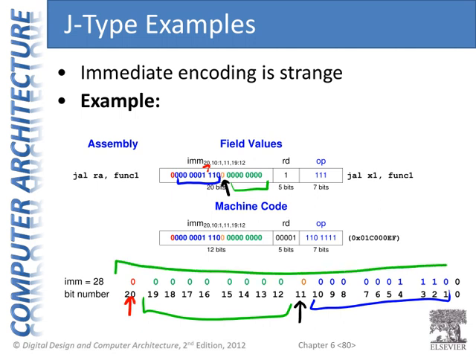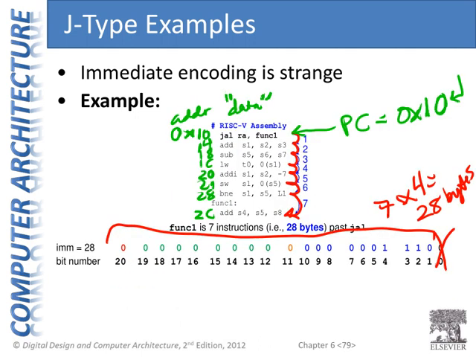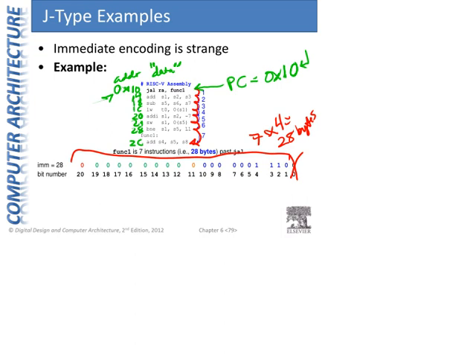So let's see, it's 28. We'll also have to add a 0 onto the end of that number to actually get the number 28. Let's see what would happen. This is hex 10. This is in hardware: what's going to happen to figure out that target address, where it wants to take the jump to, what the next PC should be?